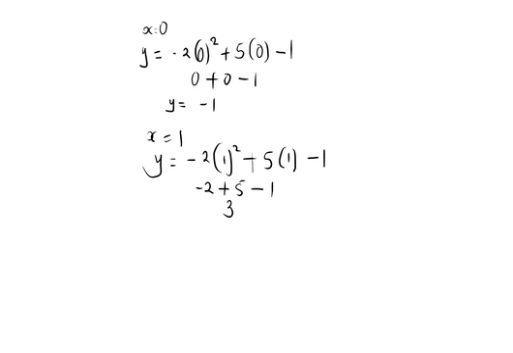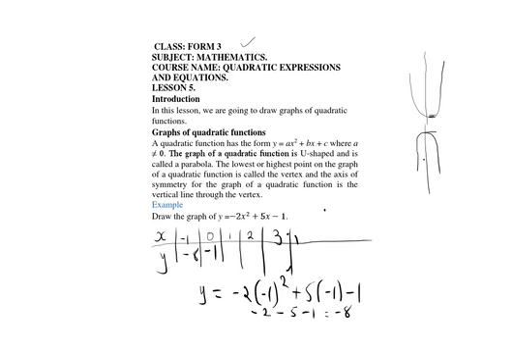This is 3 minus 1, and our y will be equal to 2. So we go to the table of values, and we have y equal to 2. So we go to the next value of x, which is 2.